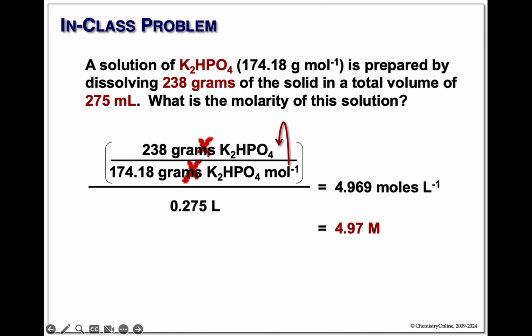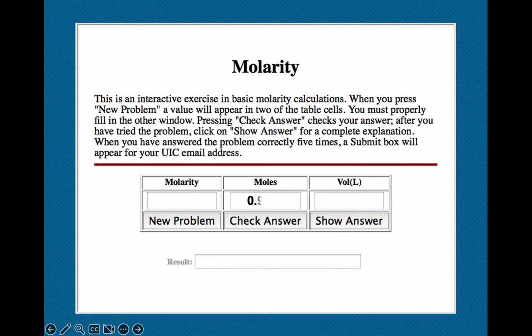All right, there are two tutorials dealing with molarity. I call them lovingly Molarity 1 and Molarity 2. Molarity 1, everybody loves it. It's a table. Everyone loves working on a table. When you hit new problems, something comes up missing. Here, molarity is missing.